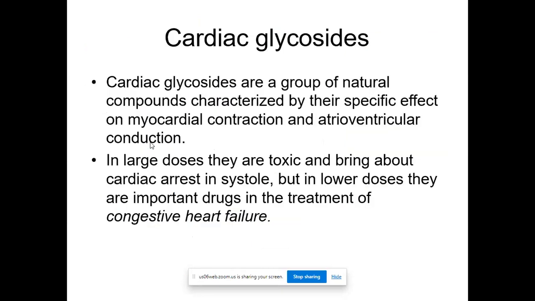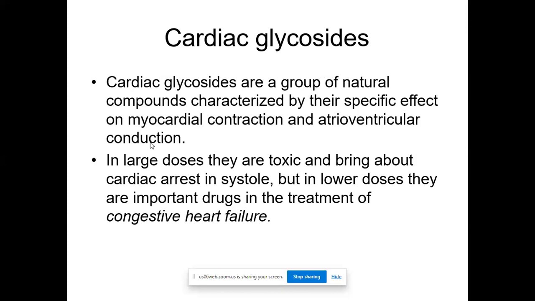So this is what we'll be focusing on, the cardiac glycosides. The group from the word cardiac, meaning they mainly affect the heart. So the cardiac glycosides, you'll see they're largely used in mainly treatment of congestive heart failure.